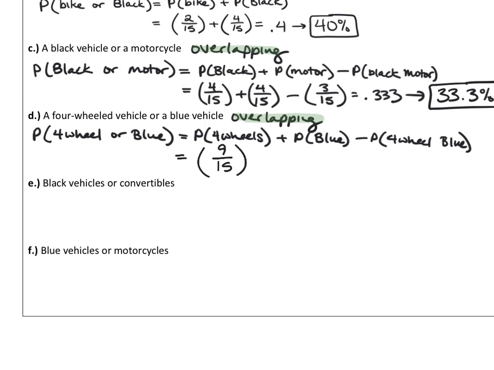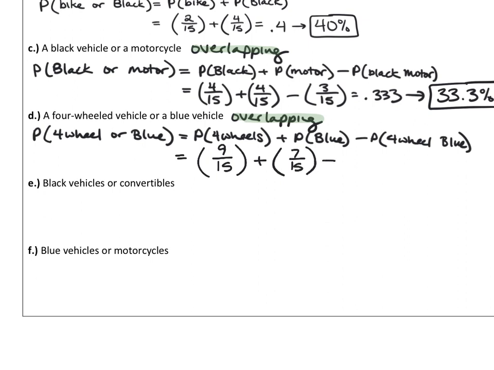Very good. What's the probability that we pick up a blue vehicle? How many blue vehicles? 7 out of 15. But we have to subtract that overlapping event.